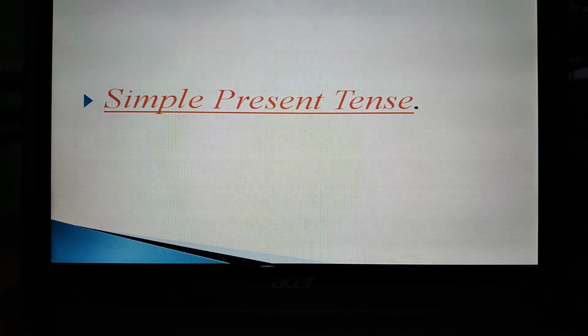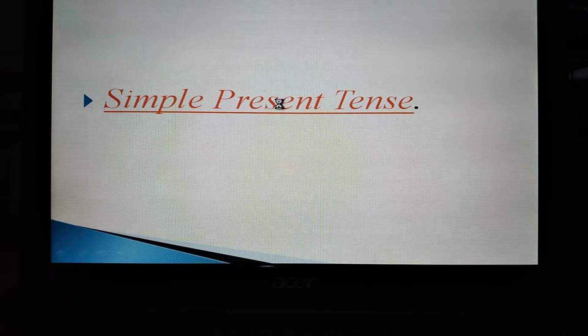Now, once again, what is the simple present tense? That's when we use the present verbs. What are present verbs? Present verbs are the verbs that come in the present column on the left side of the list of regular or irregular verbs that you have with you, if you have one.